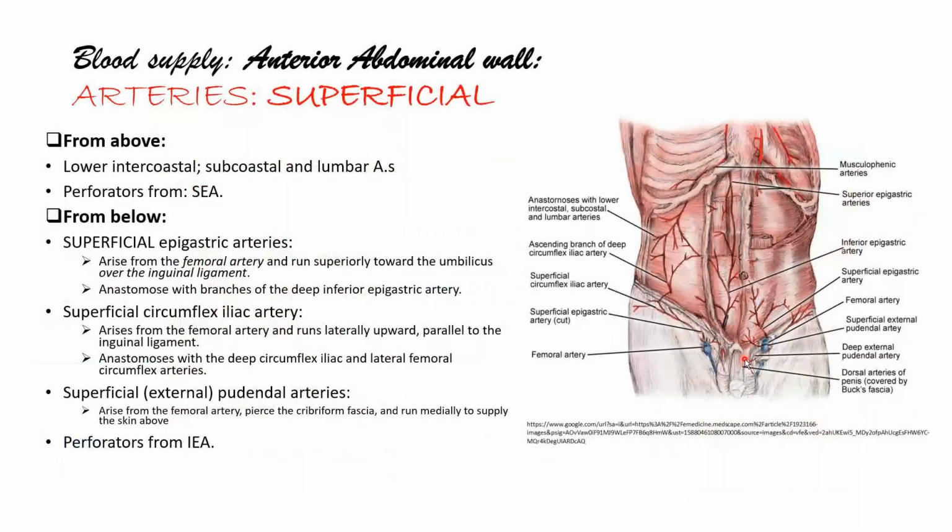The intercostals are there, and along with that, the subcostal and the lumbar arteries coming from behind, and you have the two important epigastric and the lateral part, which is basically the thoracolumbar. Below, you have the superficial epigastric, and we already talked about the pudendal and the perforators from the inferior artery.